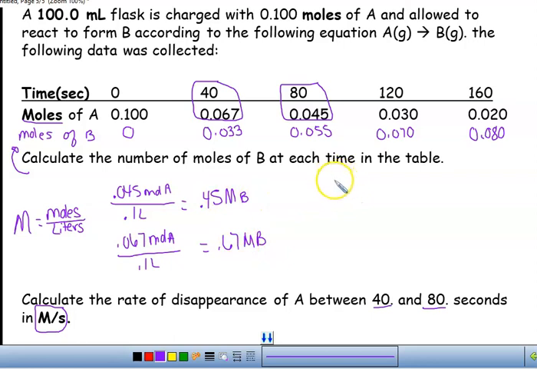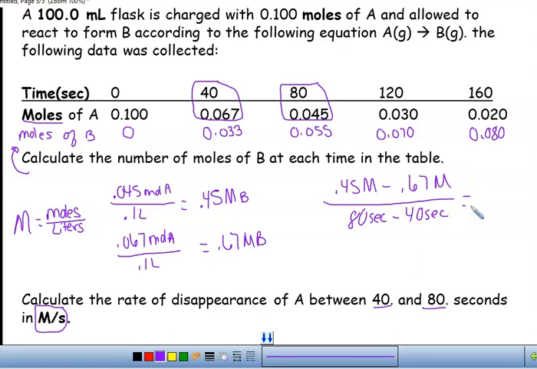So now I've got the final, and the final was the 0.45 big M minus 0.67 big M divided by my change in time. And my time has to be in seconds. So on Chem 101, watch your units, because make sure that you know what units they're going to want, because units are really, really important. So it's 80 seconds minus 40 seconds, which is going to give you 40 seconds.